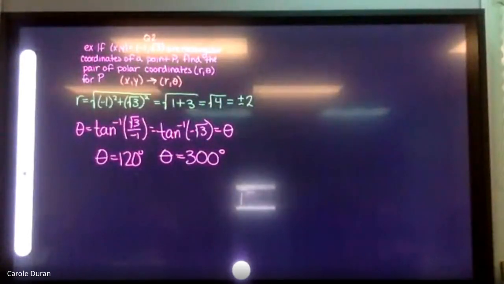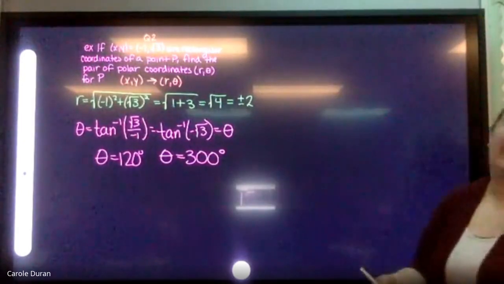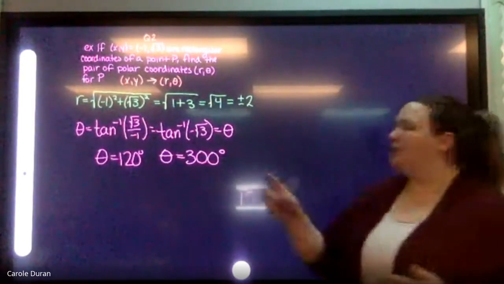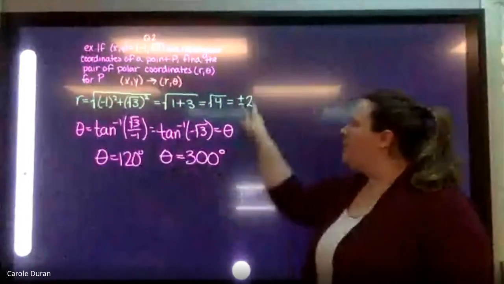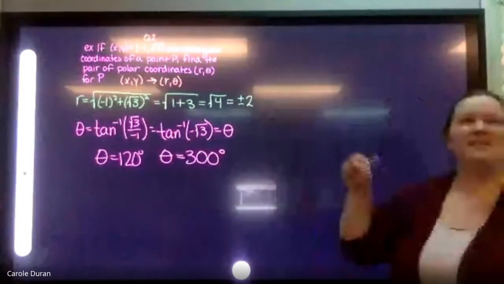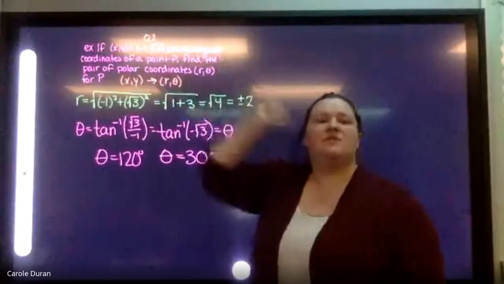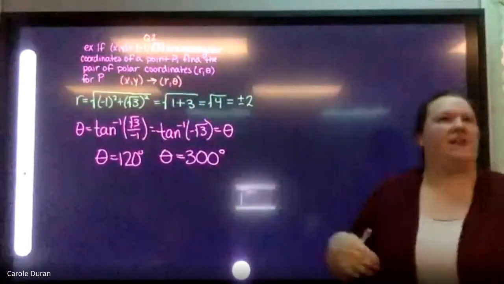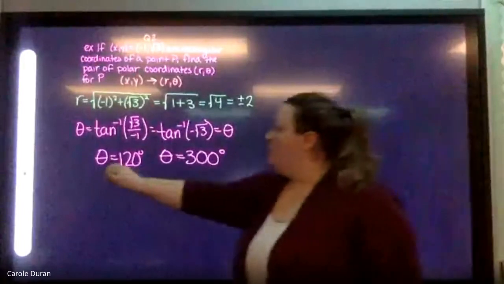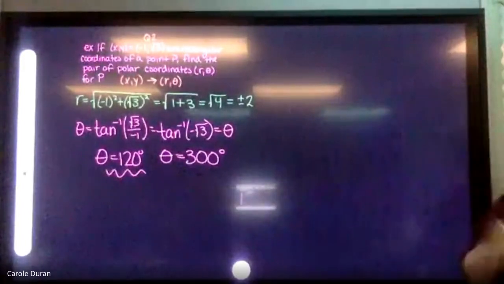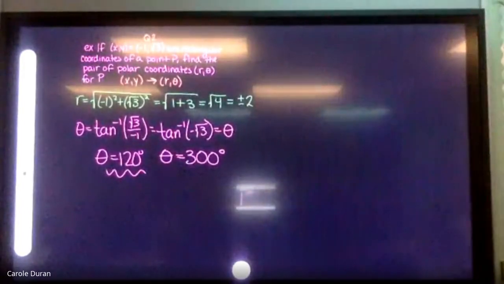So here's the issue. You don't specify. I don't specify, which means I need to find the correct pairing between these angles and these distances so that my point ends up in quadrant 2. So I like to start with just picking one of the angles. Let's start with 120 degrees because it's smaller and I like to work like that.